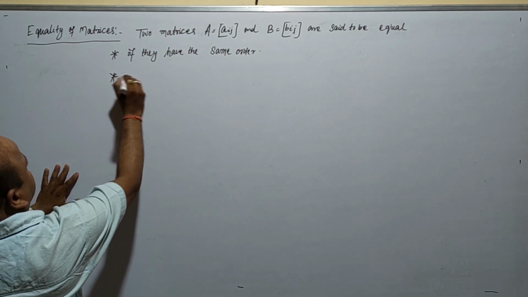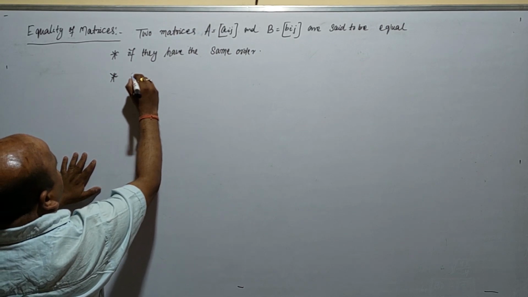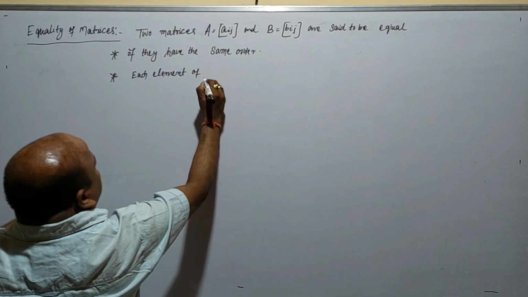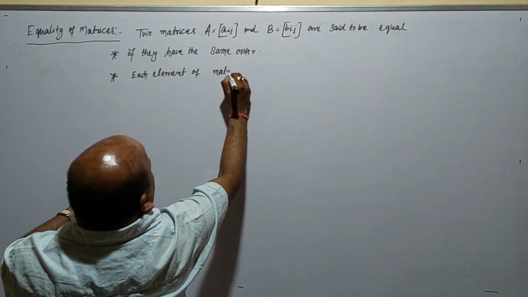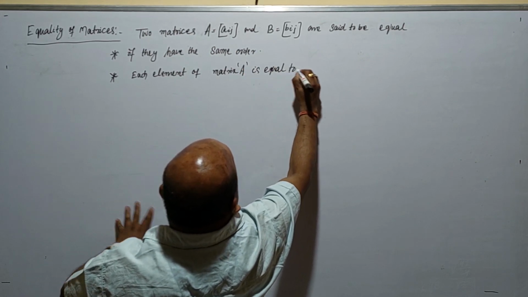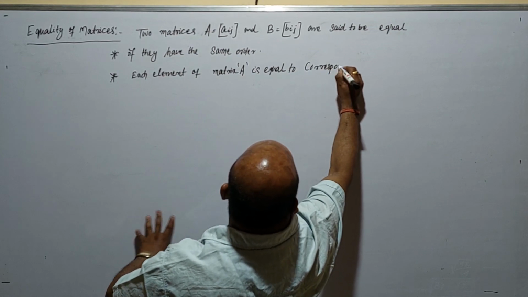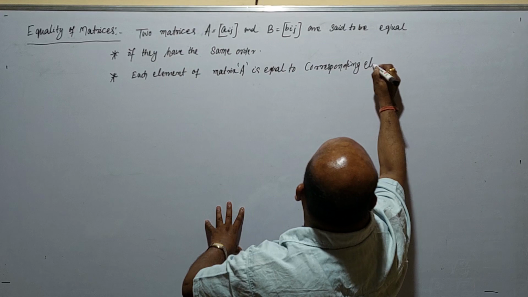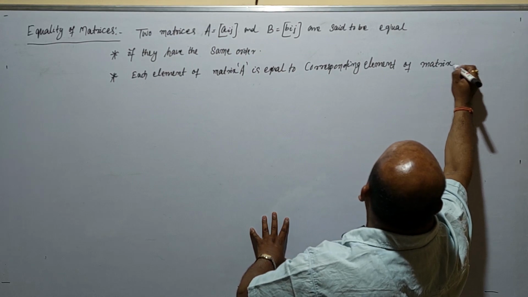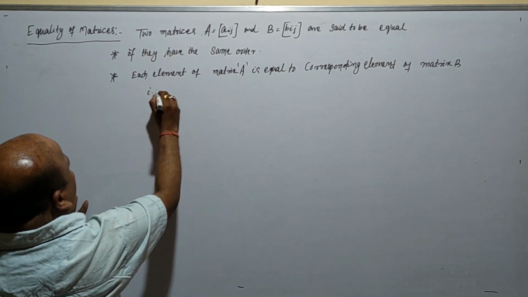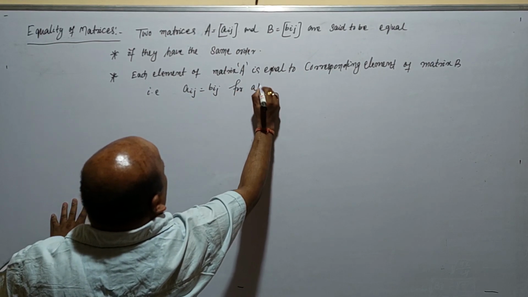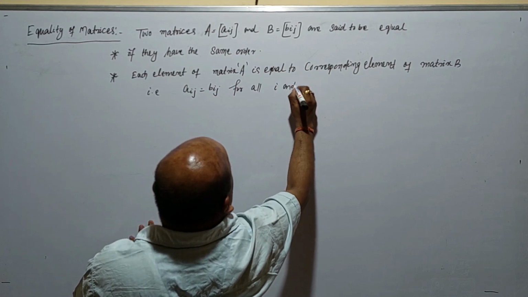Second one is each element of matrix A is equal to the corresponding element of matrix B. That is, Aij equal to Bij for all i and j.